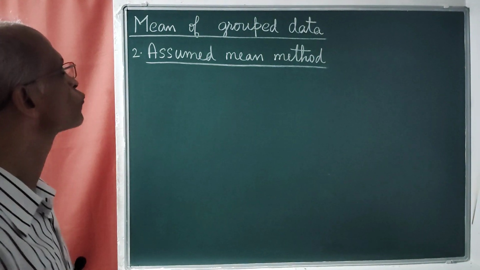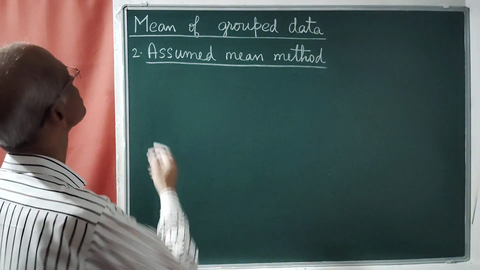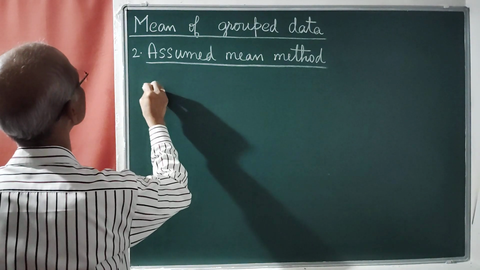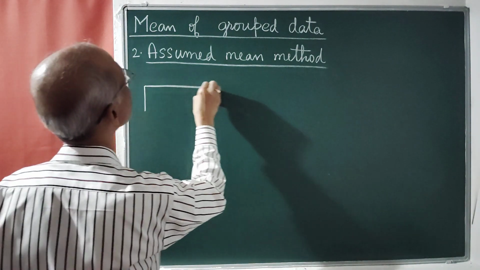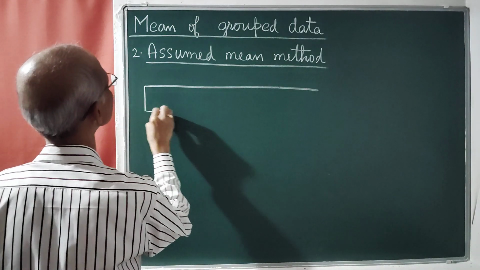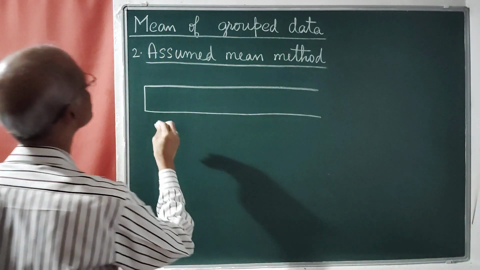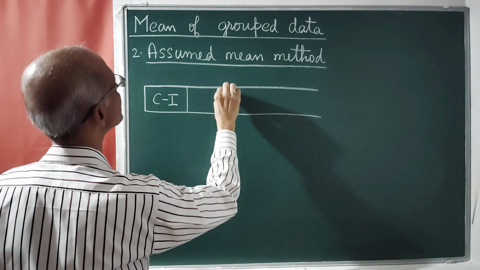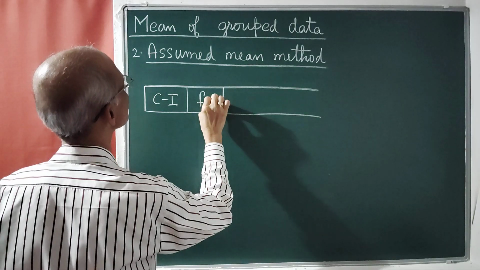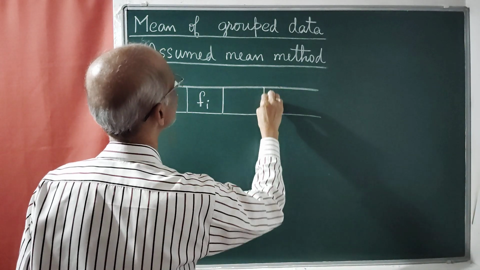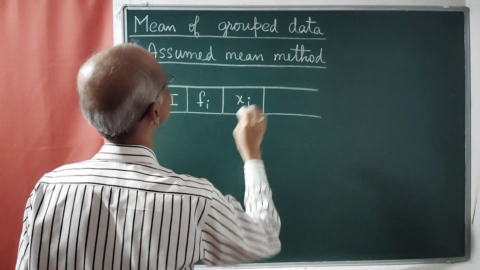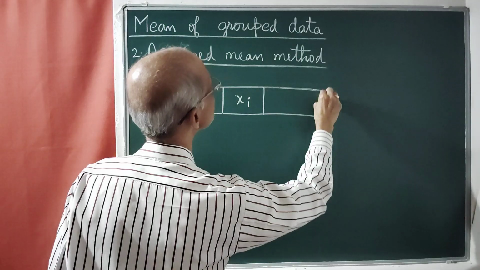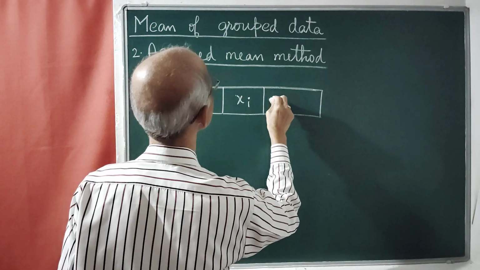Now we will see how to find the mean by using the second method, assumed mean method. In this case, we'll see what columns the first row will contain. The first column is class intervals. The second column is fi's. All the fi's will be in this column. Next, you have to find the value of xi. Then this is di.